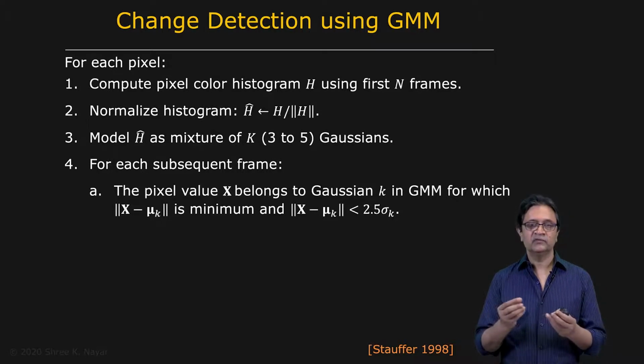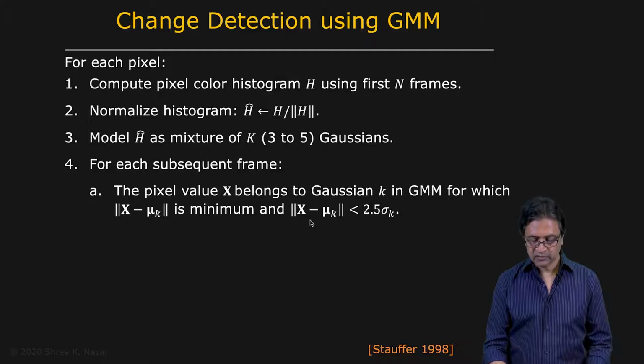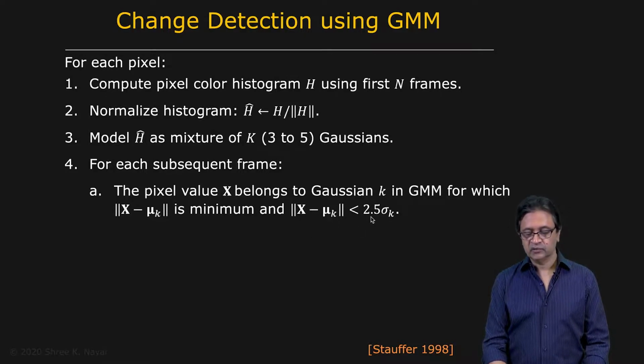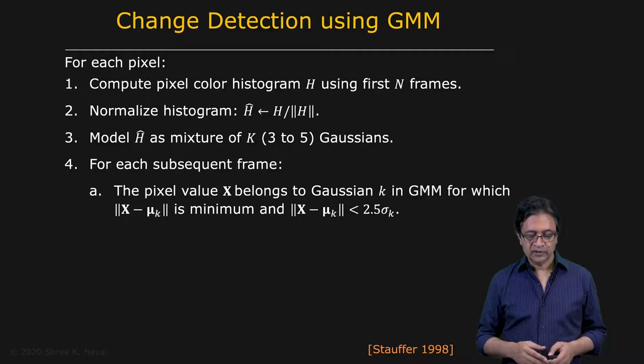That is, not only are you finding the closest Gaussian, but it also should be close to that closest Gaussian. And that's what the second term here, X minus mu k, should be less than 2.5 sigma k. You want to be within that Gaussian. Okay, so that's what we do there.